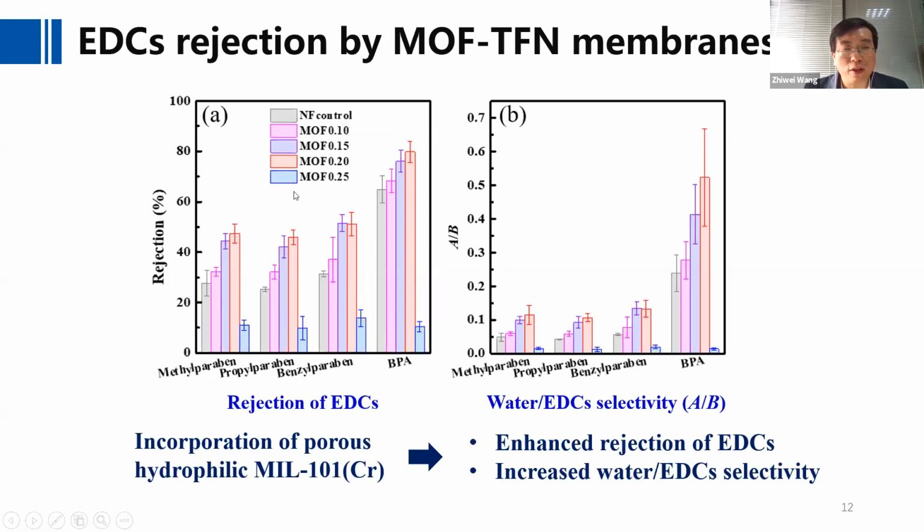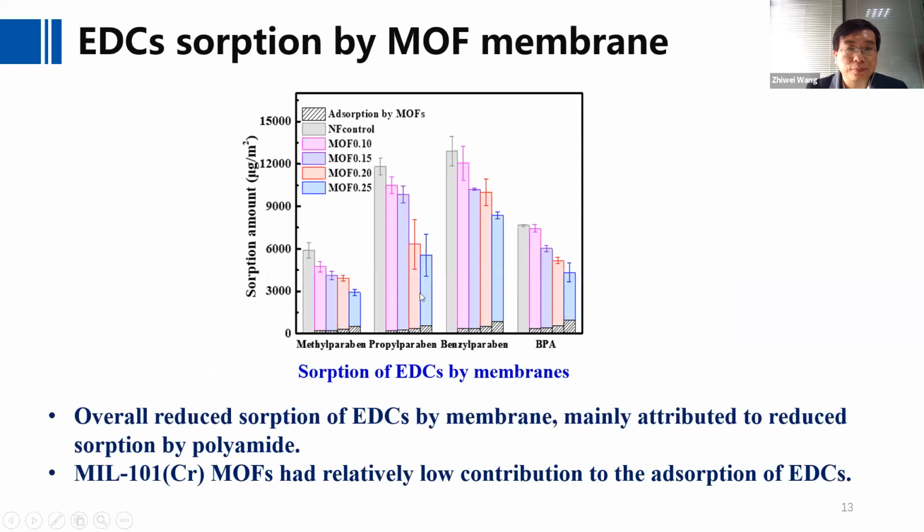However, if you further increase the MOF dosage, such as 0.25%, it will cause a decrease in the rejection of those EDCs. We further calculated the A over B ratio, called water and EDC selectivity, which shows a similar trend with the rejection performance.